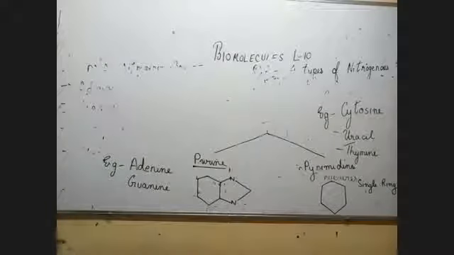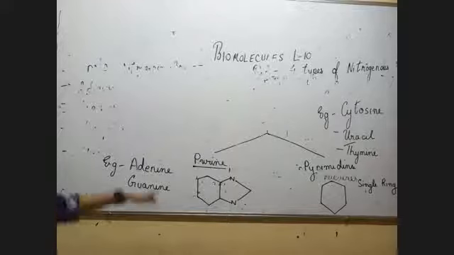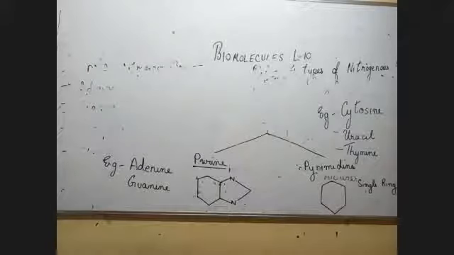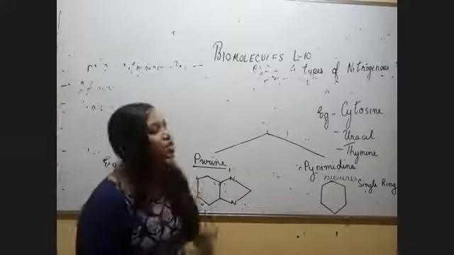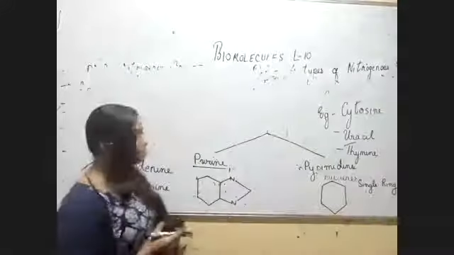So in adenine or guanine, a double ring structure will be present. An example of pyrimidine is cytosine, uracil, and thymine.